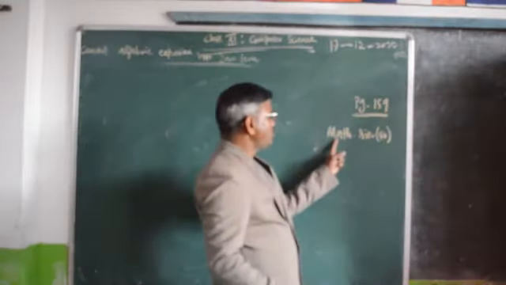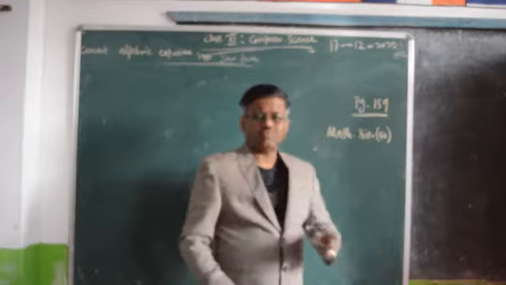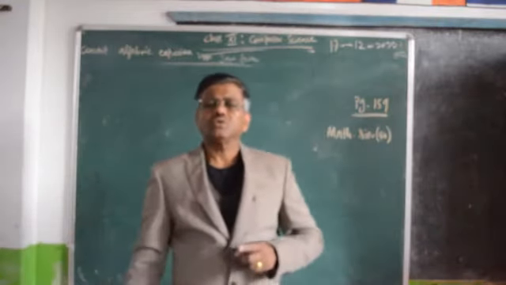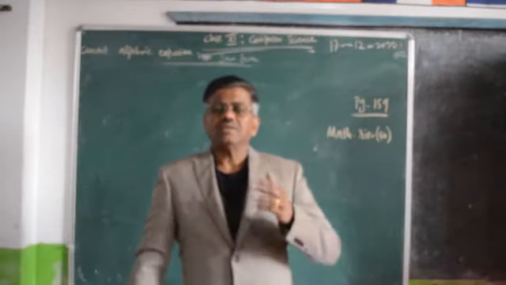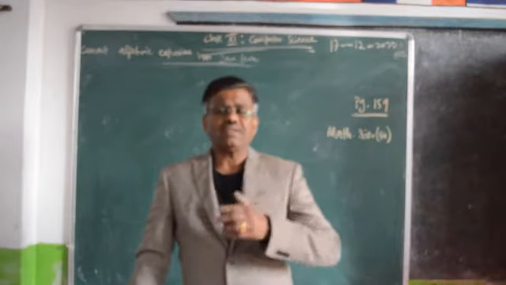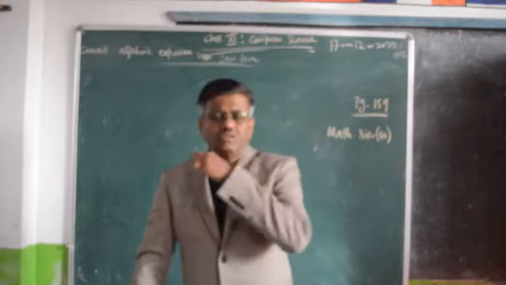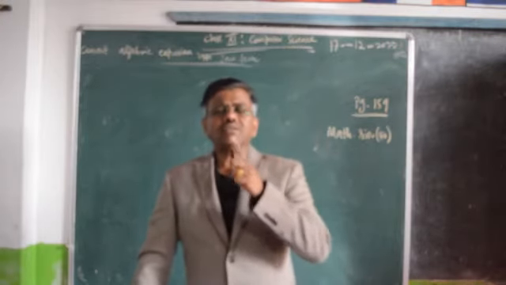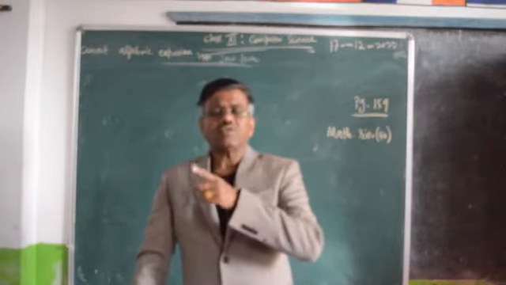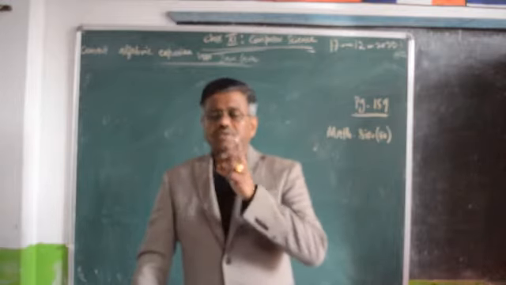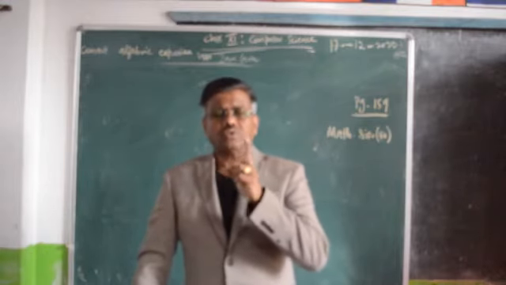If I want to know math.sine, your mathematics teacher must have taught you sine 30, sine 45, sine 60, sine 90. Reverse that one, it becomes cos. Reverse the sine, it becomes cos.